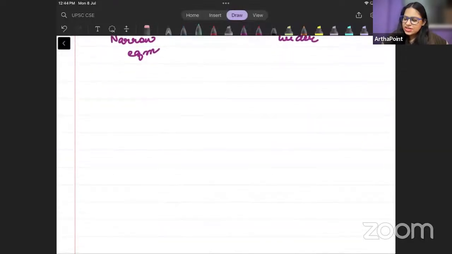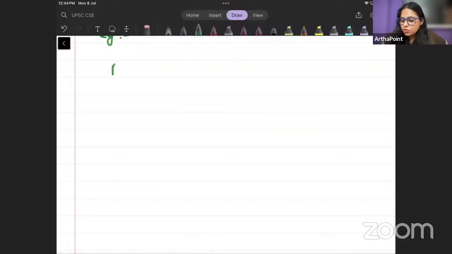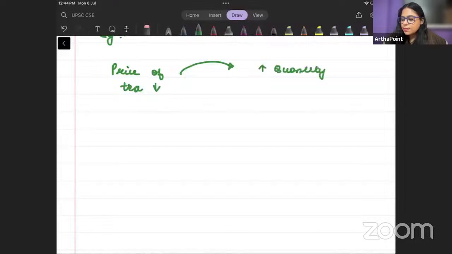For example, let's take an example to understand this. So I am telling you, बेटा, देखो, the price of tea decreased and this led to an increase in quantity demanded of tea.